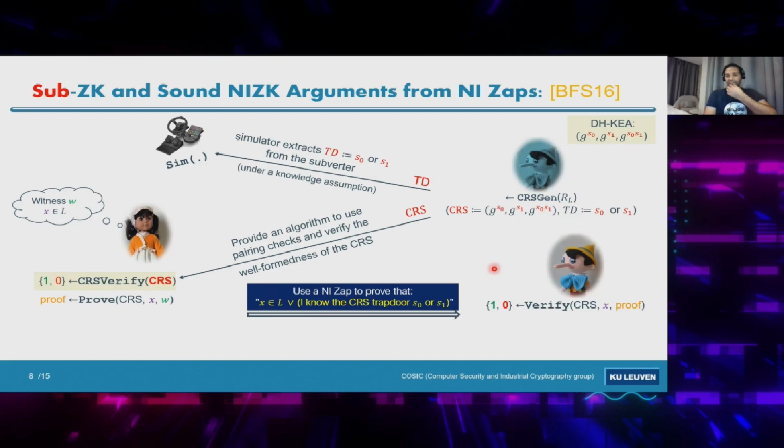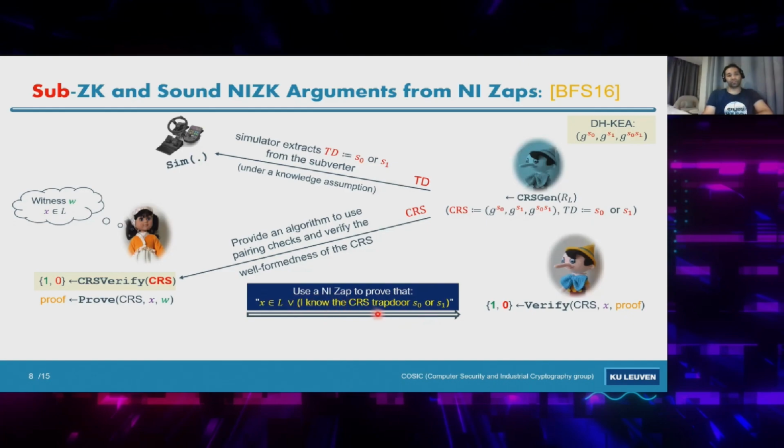Then they show that if we use a non-interactive ZAP to prove this language, let's say the prover is asked to prove that x belongs to the language, or I know the CRS trapdoors, let's say trapdoor S0 or S1, one of them is enough. Since it is supposed to be hard to extract S0 or S1, the honest prover needs to know the witness for x, but since we can extract the trapdoors, this allows us to simulate the proofs for this language.